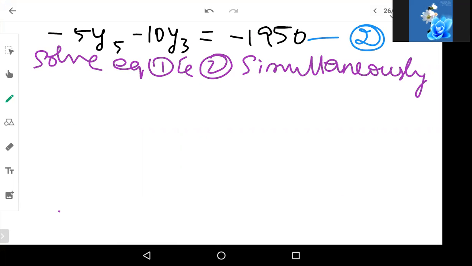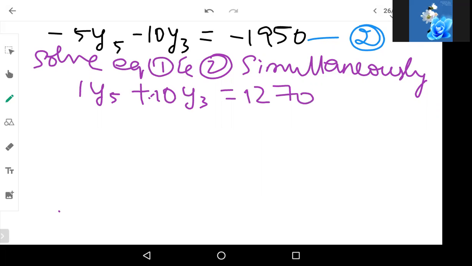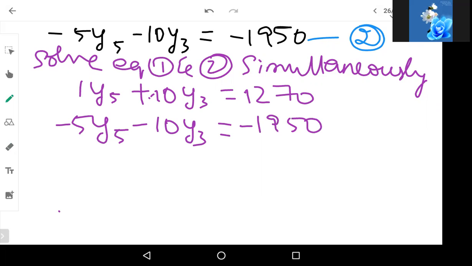So what is the first equation? 1y5 plus 10y3 is equal to 1270, and then you have minus 5y5 minus 10y3 is equal to minus 1950.